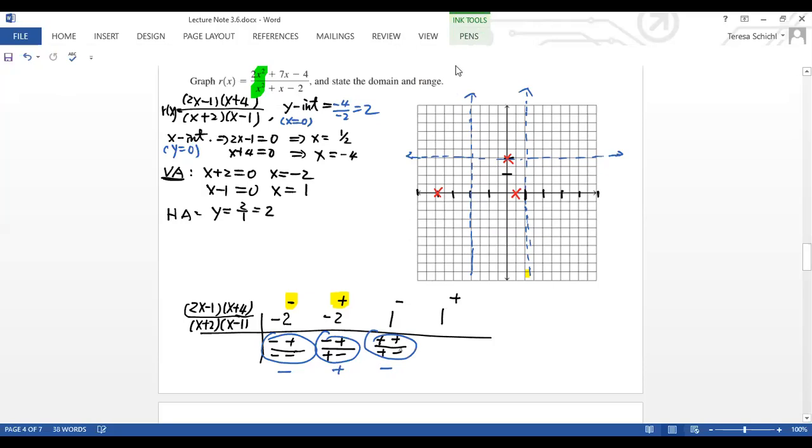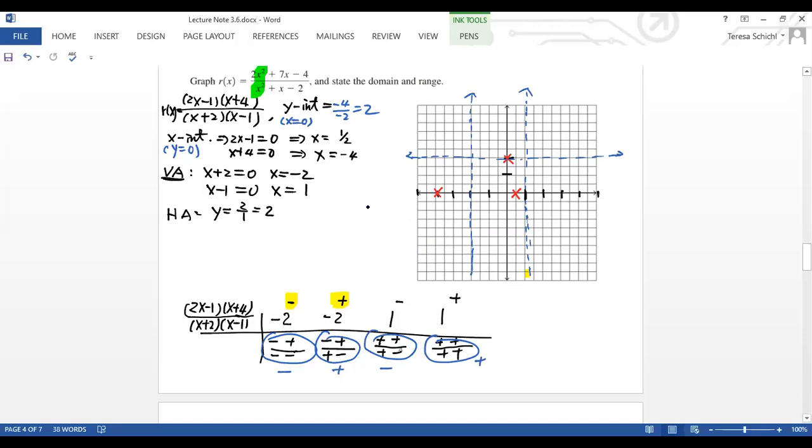Then the last one is on the right-hand side of 1, so you put in a 2. So 2 gives positive, positive, positive, positive. So I have a positive on the right-hand side of this asymptote. Now that's how I'm going to graph it.